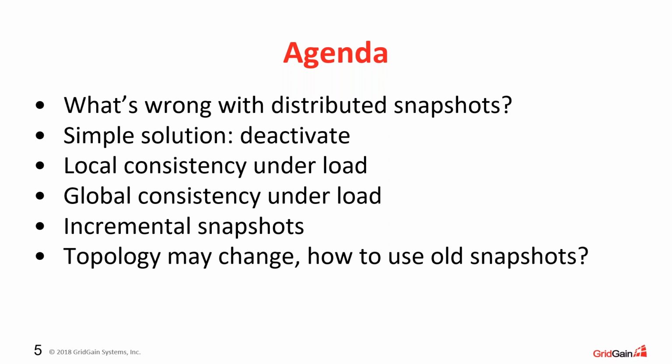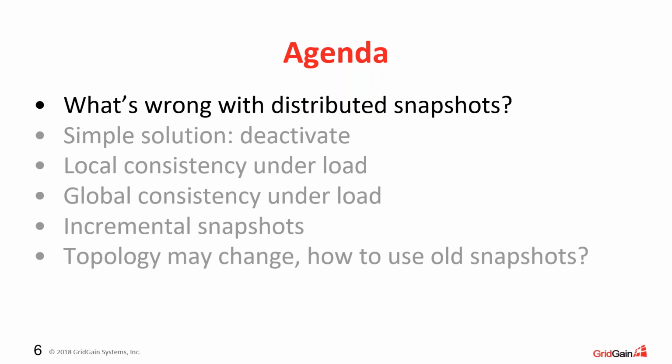We'll firstly discuss how to achieve local consistency. By local consistency, I mean consistency of all data and data structures on one node. Then we'll discuss how to achieve global consistency. We'll cover a topic of how to save your space and performance and create incremental snapshots. And at last, we'll discuss what to do if your topology changes, how to use old snapshots created on old topology.